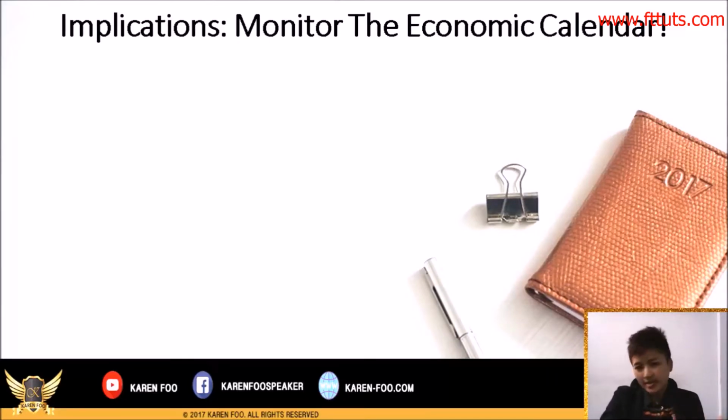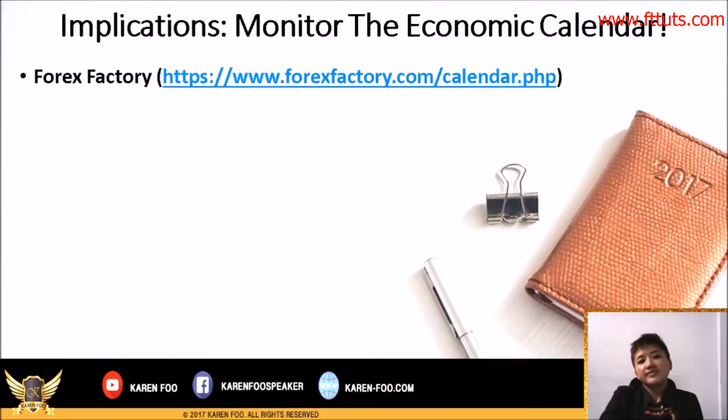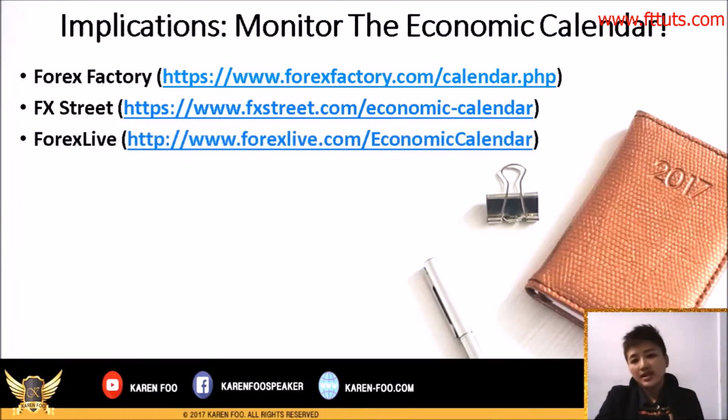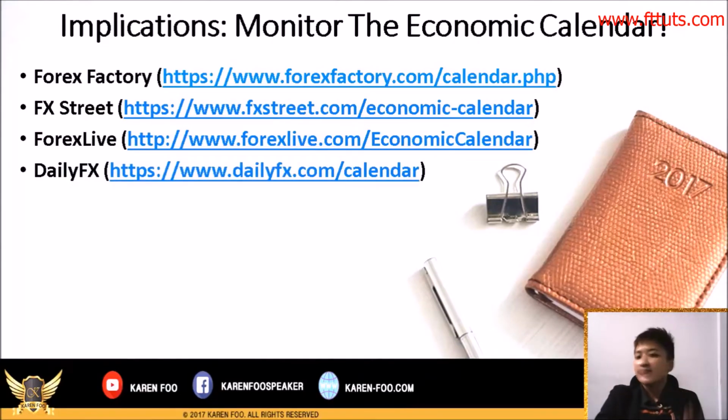So where do you find the economic calendar? You can find it in various different websites. For example, Forex Factory, which personally I use. You can also find it in other websites such as FX Street, Forex Live, and Daily FX. Personally, for Forex Factory, I would focus a lot on the high impact events.